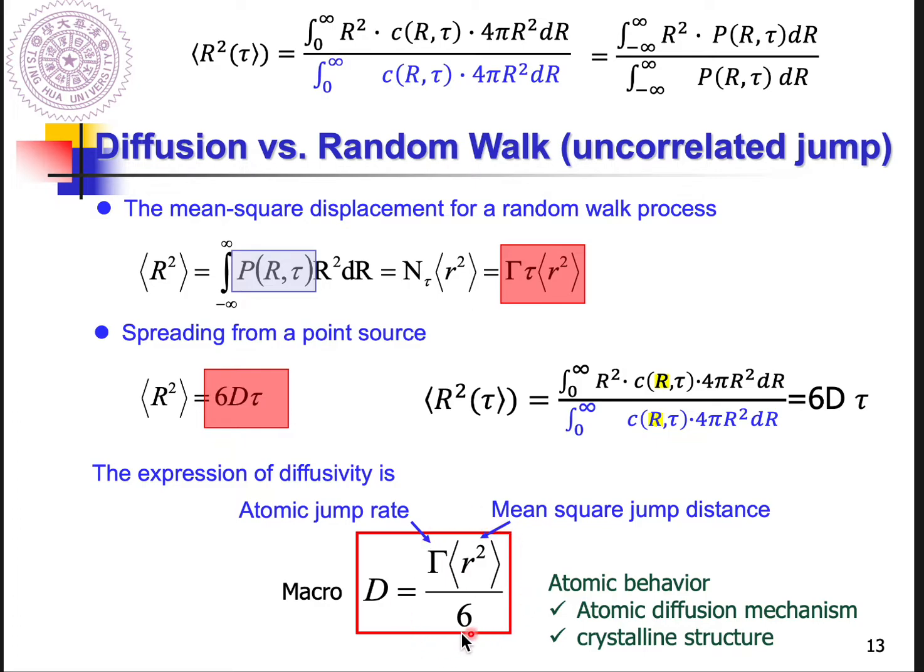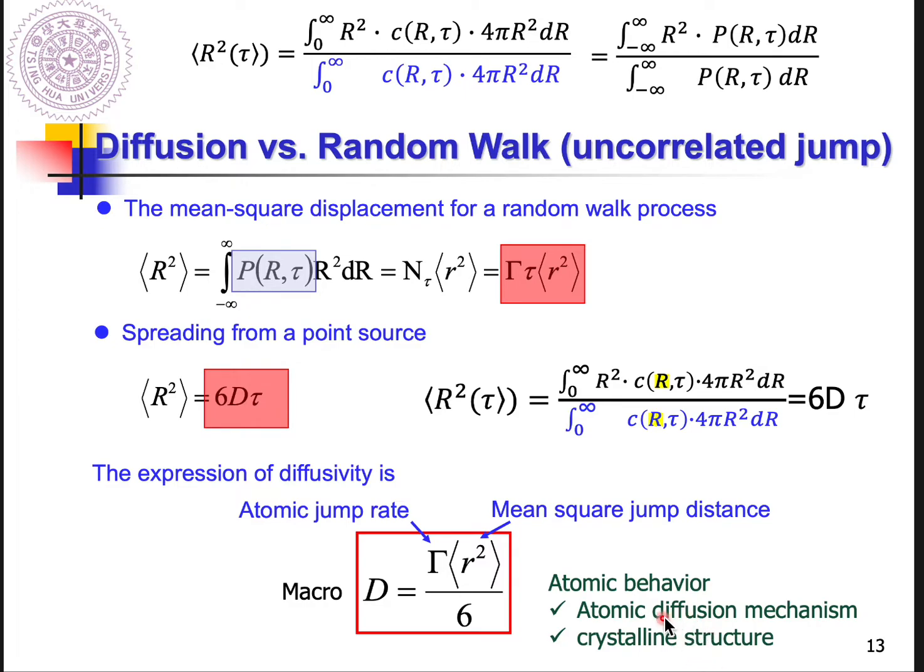The right-hand term includes gamma, the atomic jump rate, and the mean square jump distance. Especially the mean square jump distance is highly related with atomic jumping behavior, because that will be related to the atomic diffusion mechanism and crystal structure, right?